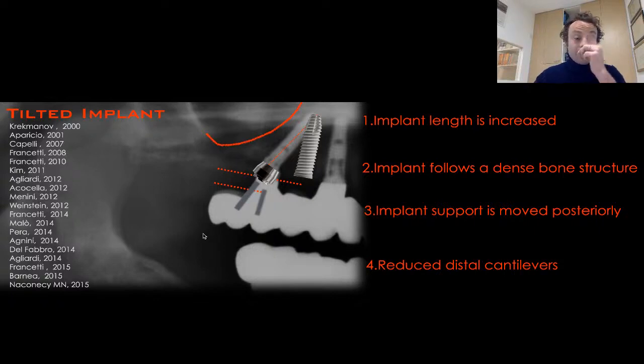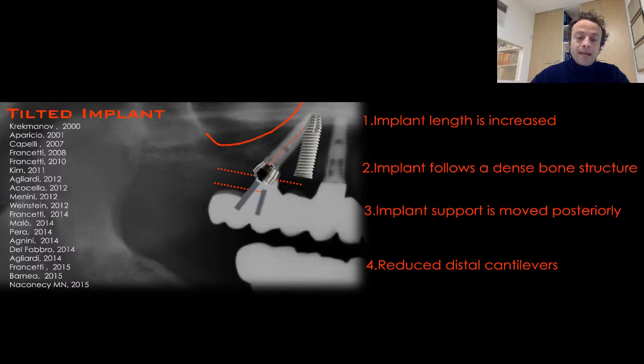And this is really interesting, because really often when we have to do, for example, a full arch in zirconia, many companies don't allow a zirconia framework with more than one cantilever. So in that situation, for example, if you place a tilted multi-unit abutment, your screw will be located here, and the cantilever is longer.